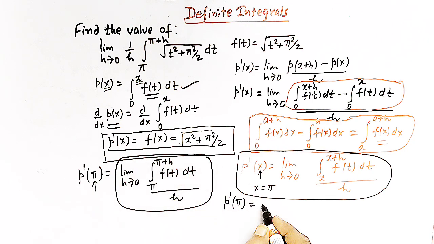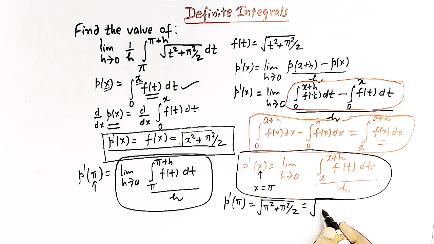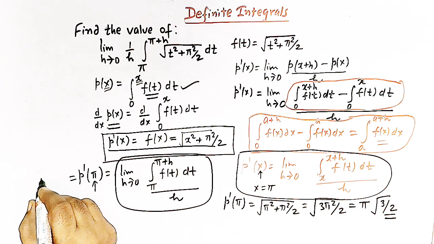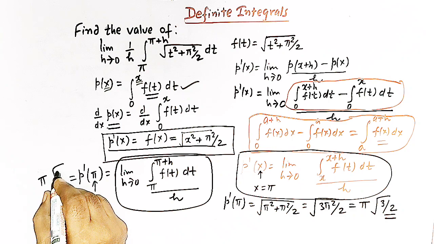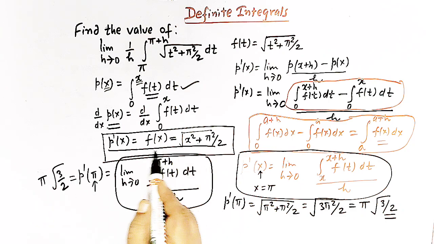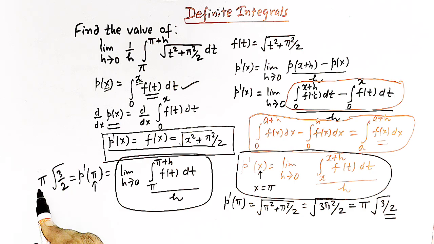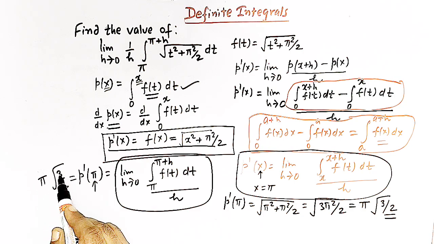So we have the square root of pi square plus pi square over 2. This is the square root of 3 pi square over 2, that is equal to pi times the square root of 3 over 2. So p prime of pi is pi times the square root of 3 over 2.